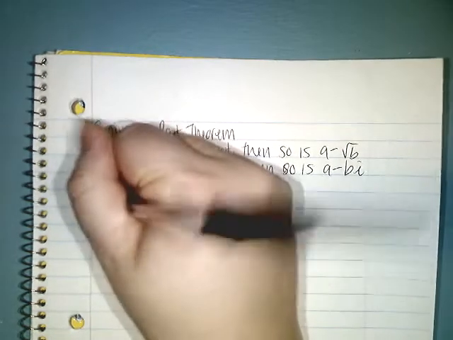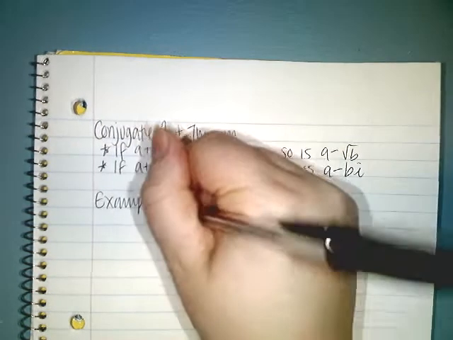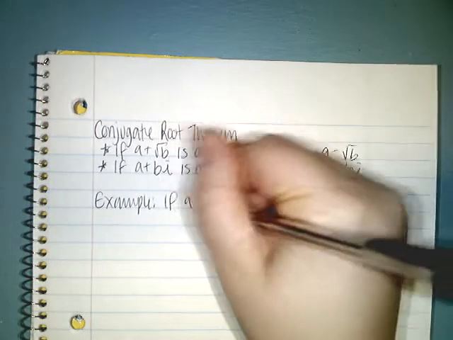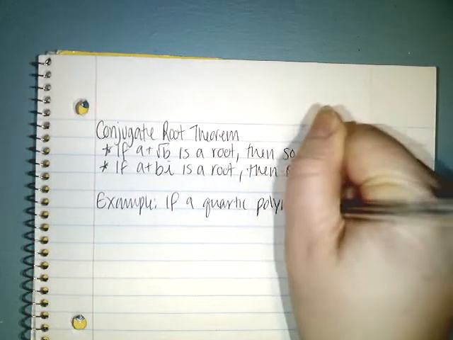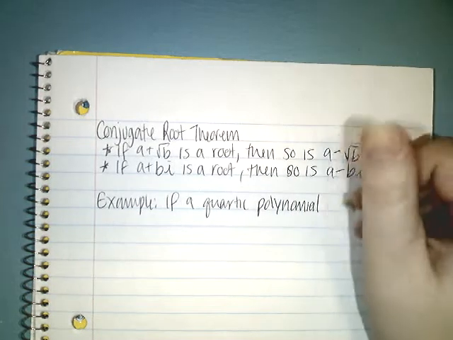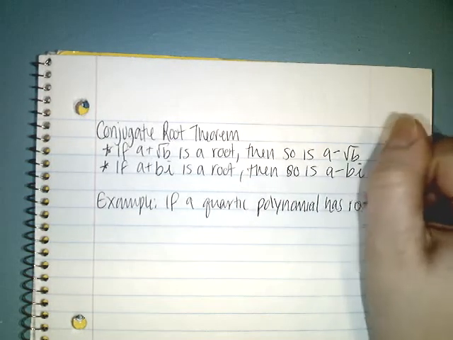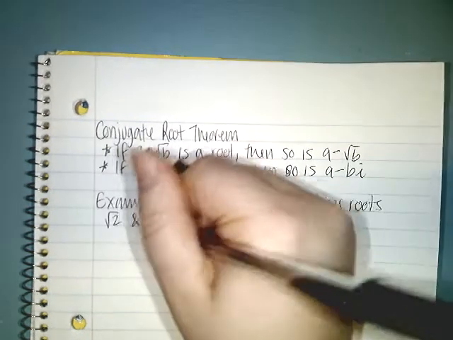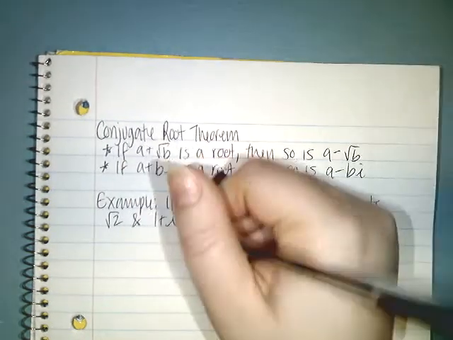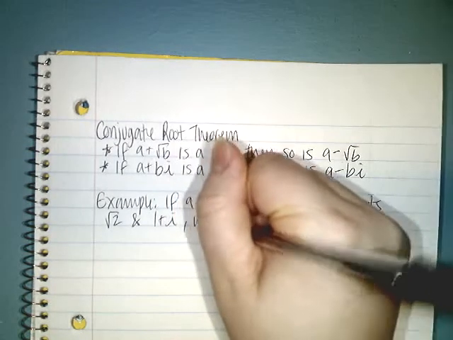So our only quick example we'll do today is that if a quartic polynomial has roots square root of 2 and 1 plus i, what are the other roots?